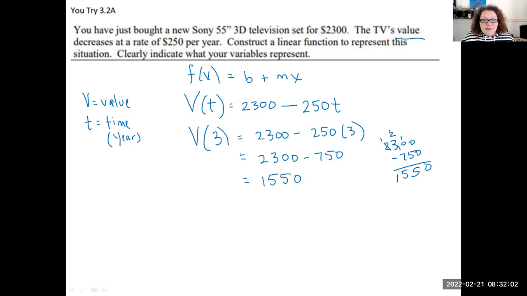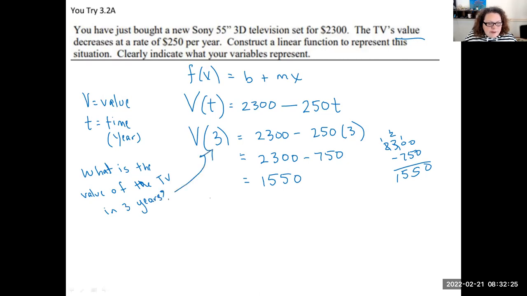And so that's what you would say. If I were to ask you, what's the value of the TV in 3 years? I'll write that down. What is the value of the TV in 3 years? And that's where the 3 came from.